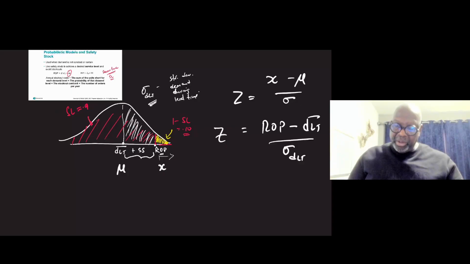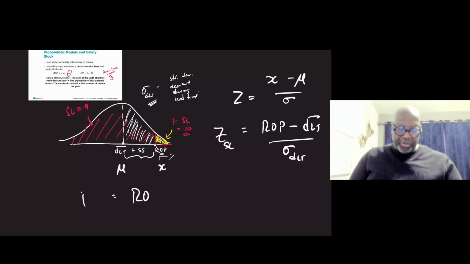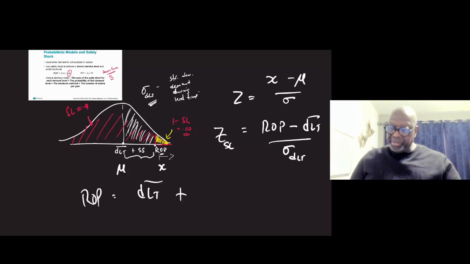And that Z is based on your service level. So if we look at this formula, if we rearrange everything, our reorder point would be our demand during the lead time plus our safety stock, which is Z of the service level times sigma DLT.